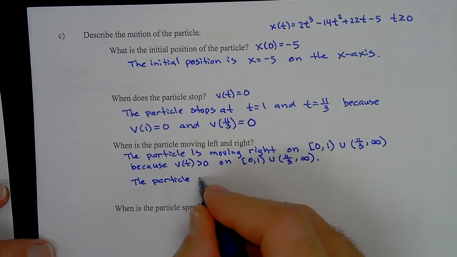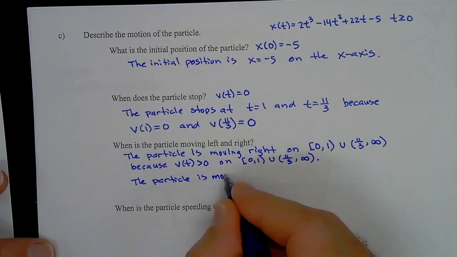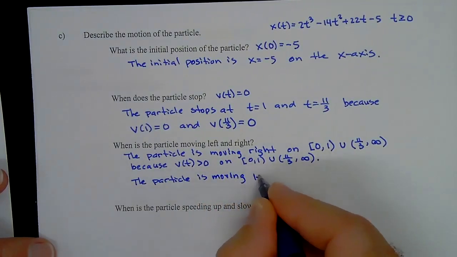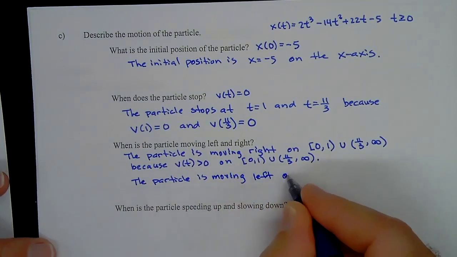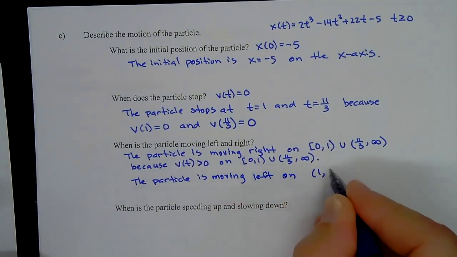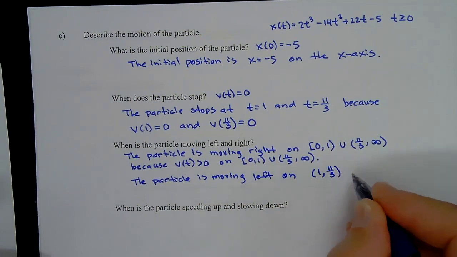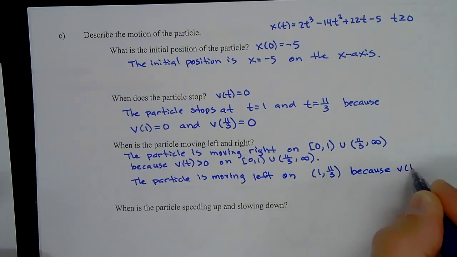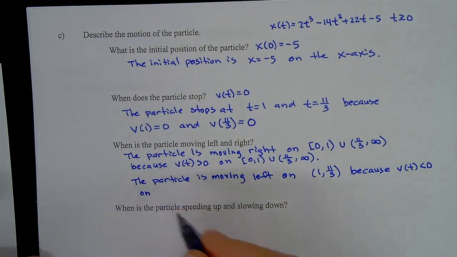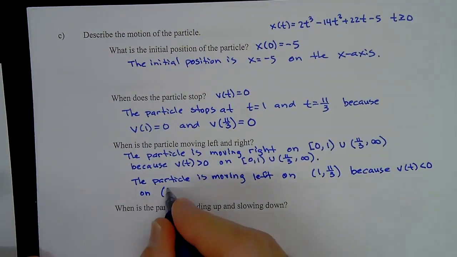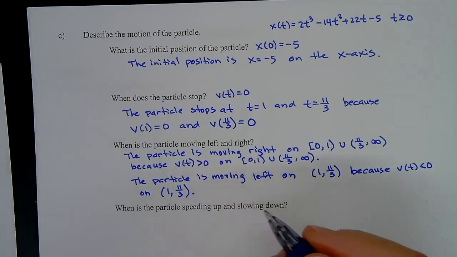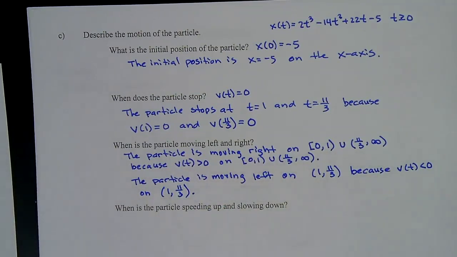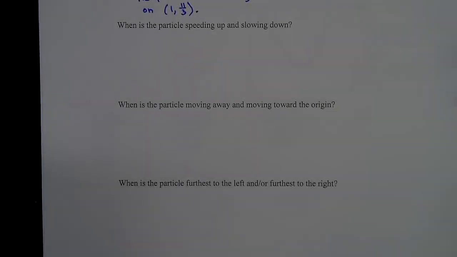So the particle is moving left on 1 to 11/3 because v of t is less than 0, meaning negative, on 1 to 11/3, period. All right, let's go to the next one.